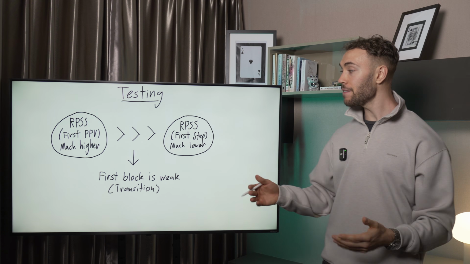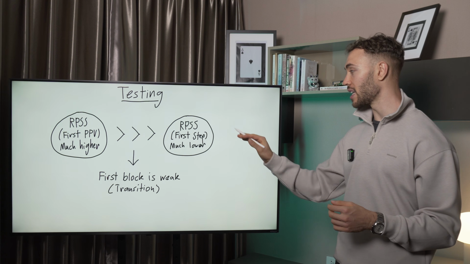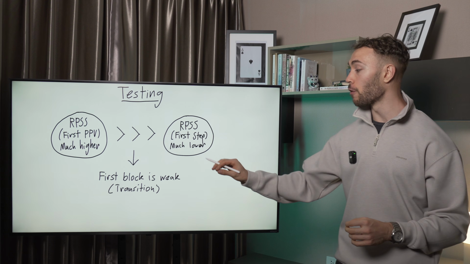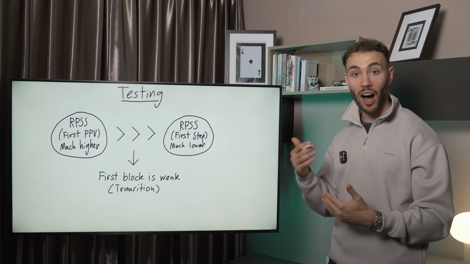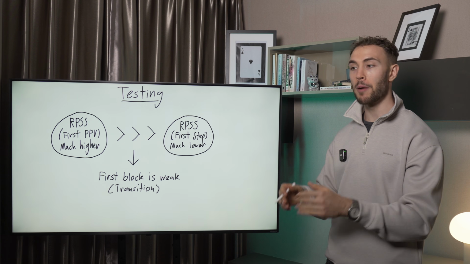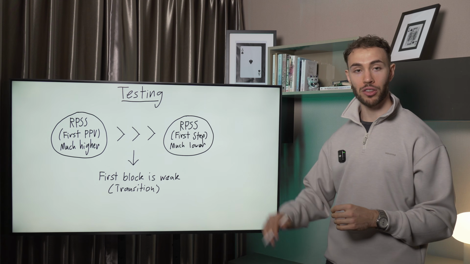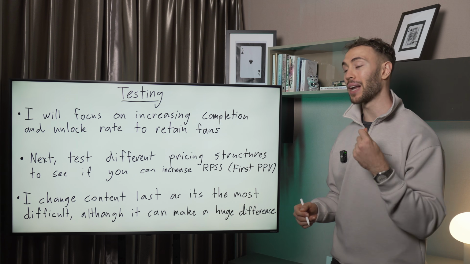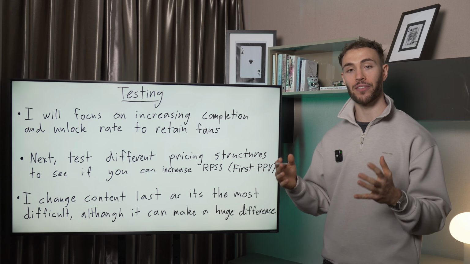And also, if the RPSS from the first pay-per-view is much higher than the RPSS from the first step, it means that your first block or your transition is weak. Your chatters are starting the sequence with heaps of fans, but none of them are even getting to the pay-per-view. So if that's your problem, work on the first block. Now, we prefer to focus on increasing the completion rate and unlock rate to retain the fans throughout the sequence.